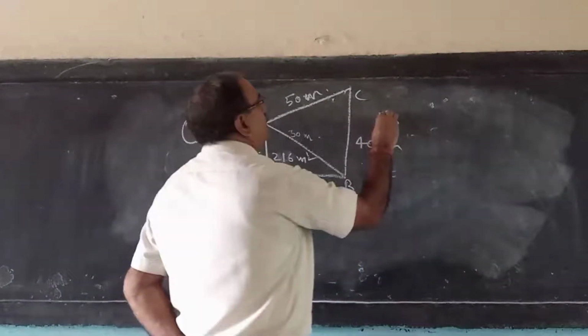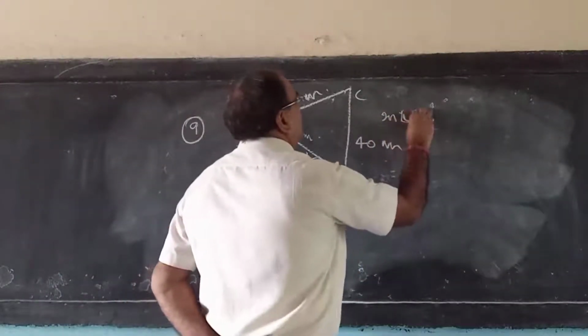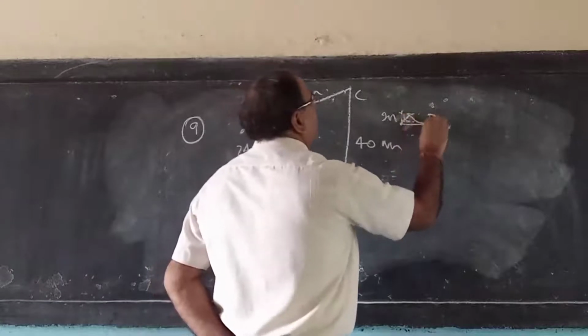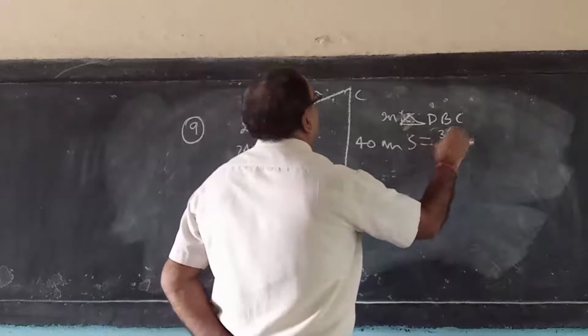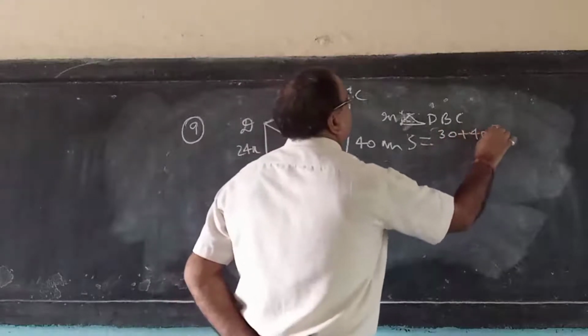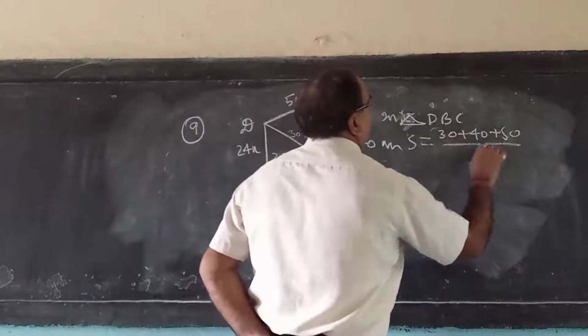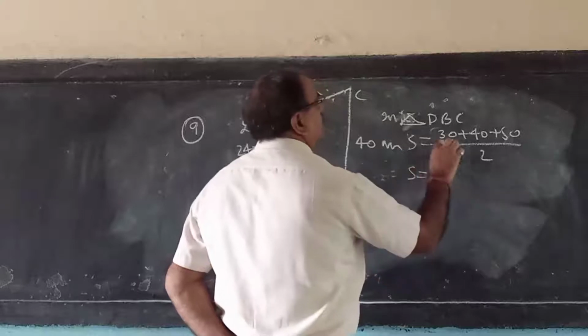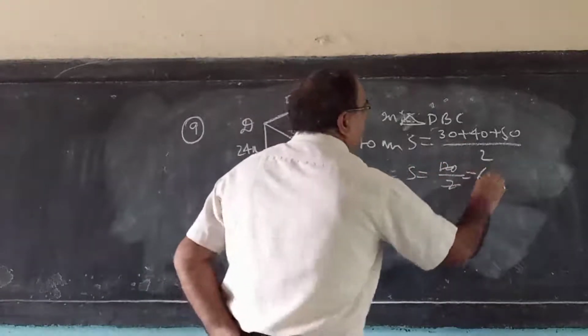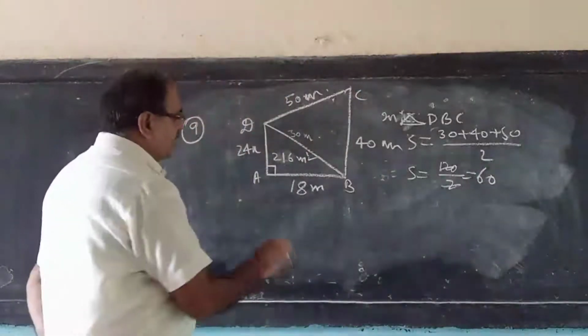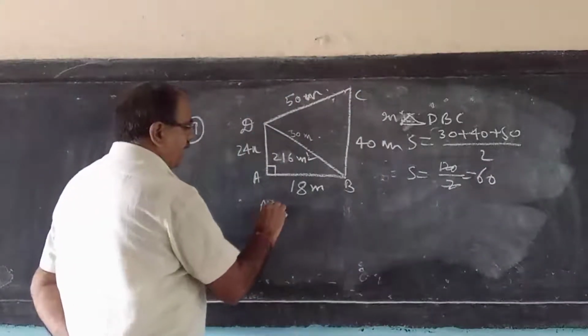In triangle DBC, semiperimeter S is 30 plus 40 plus 50 by 2. S is equal to 120 by 2, that is 60. Now use Heron's formula to find the area.